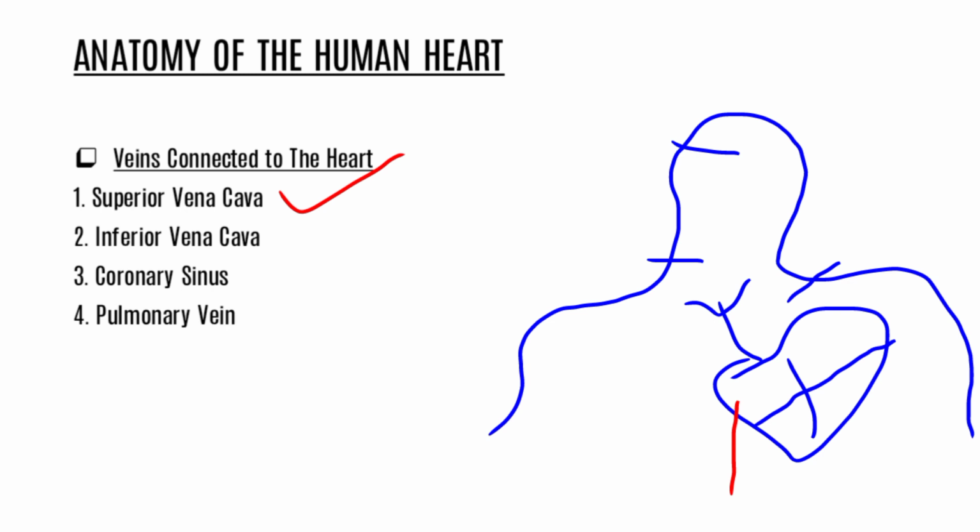While the coronary sinus is a much different venous structure than the superior and inferior vena cava. This coronary sinus receives deoxygenated blood from the myocardium of the heart.